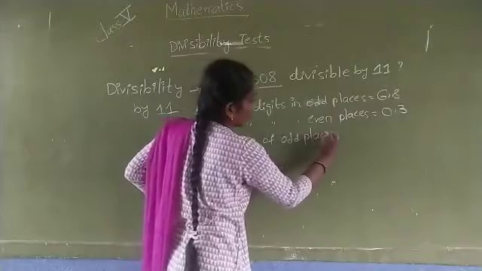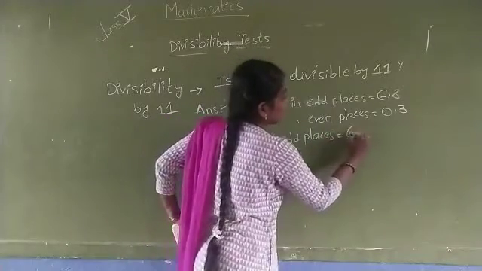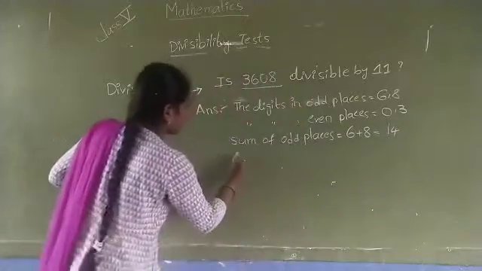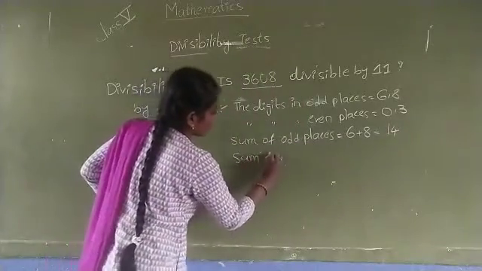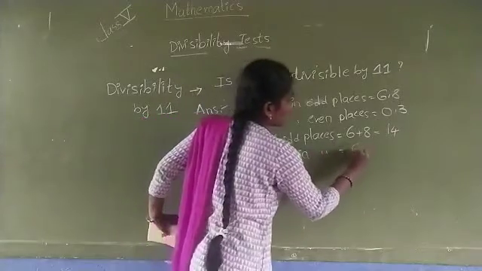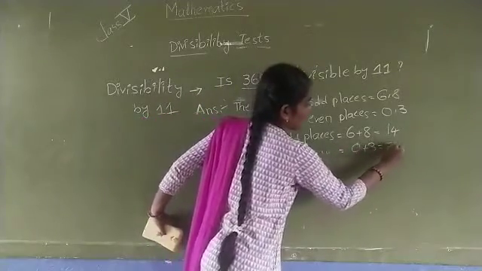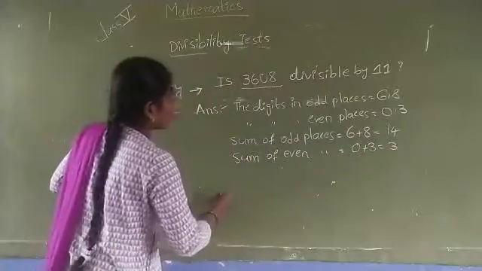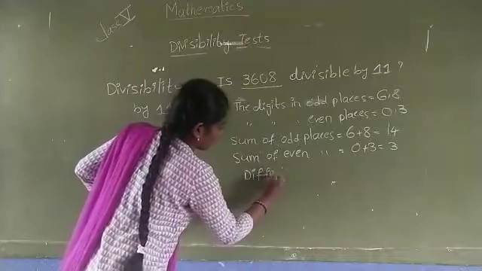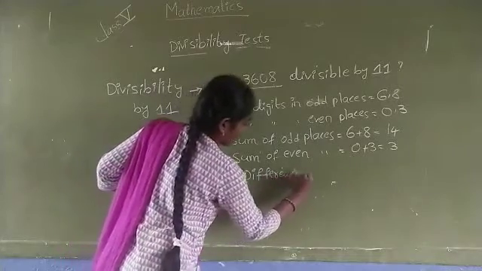Sum of odd places, that is 6 plus 8, 14. Sum of even places, 0 plus 3, 3.